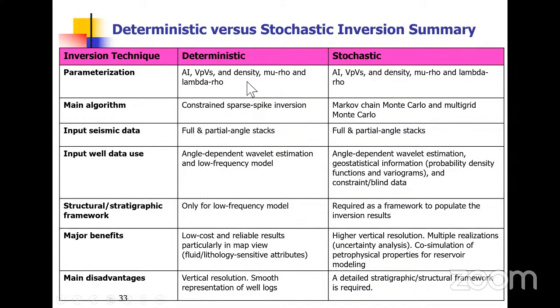You need Vp/Vs, density, Mu-rho, and lambda, and other derivatives. The same thing for stochastic. What is the main algorithm for deterministic inversion? Sparse spike inversion, unless you want to use model inversion, all of them. What is the main algorithm for stochastic inversion? It's Markov chain Monte Carlo simulation with your Bayesian probability.